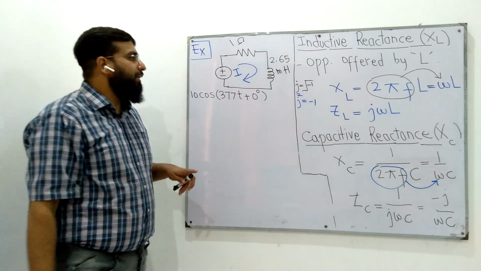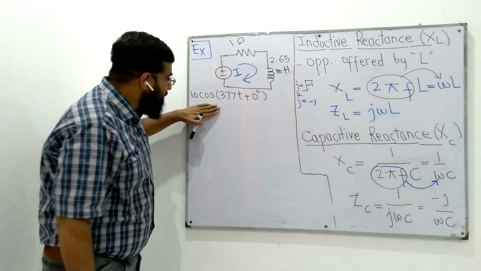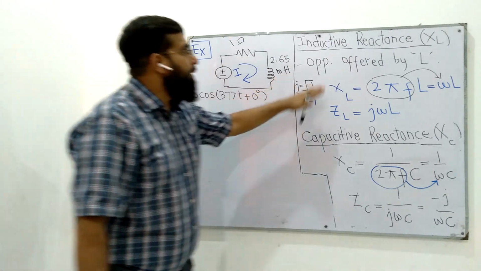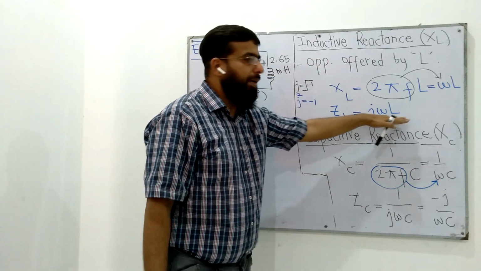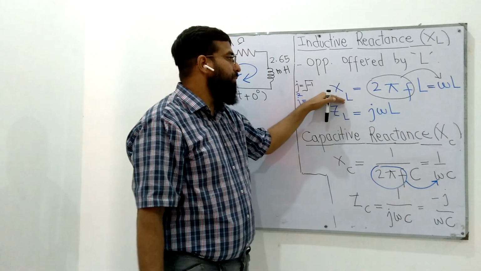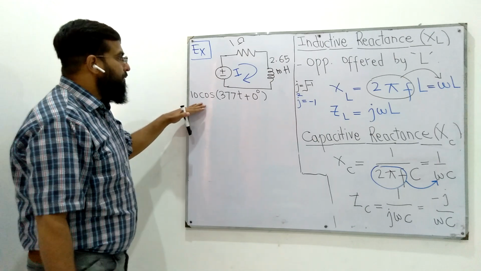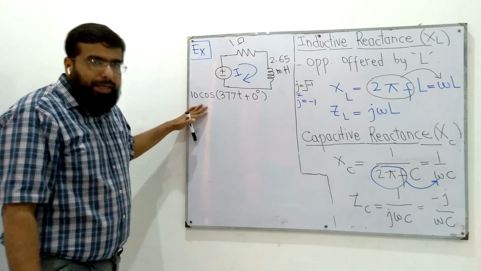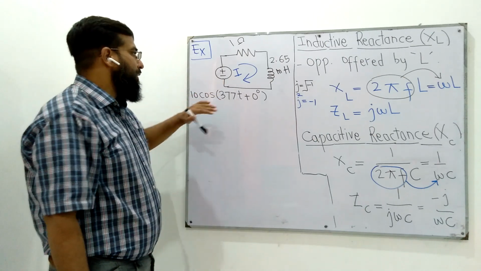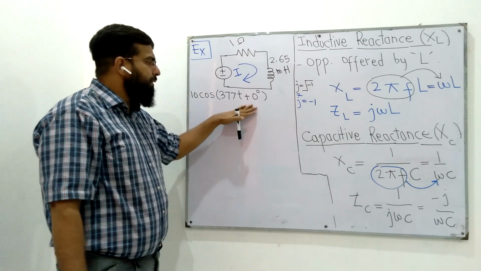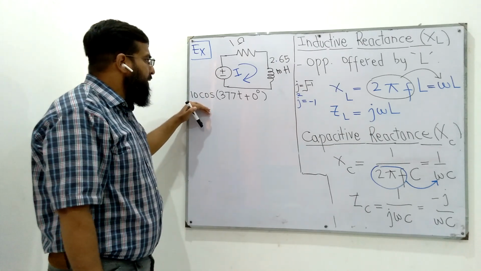But before we find current, we have to write this in terms of phasor and the impedance caused by an inductor. So first we have to compute inductive reactance and then ZL. Let's start by analyzing this circuit. To find I, we have to first write this input source as a phasor.